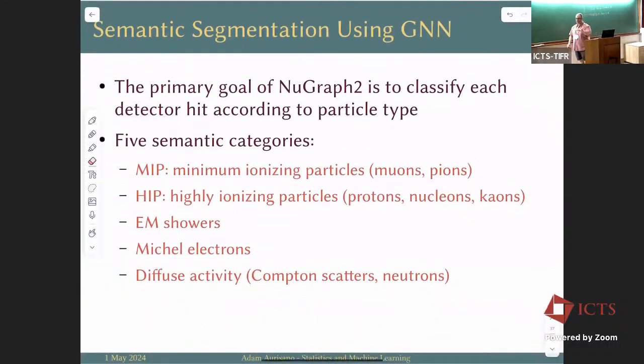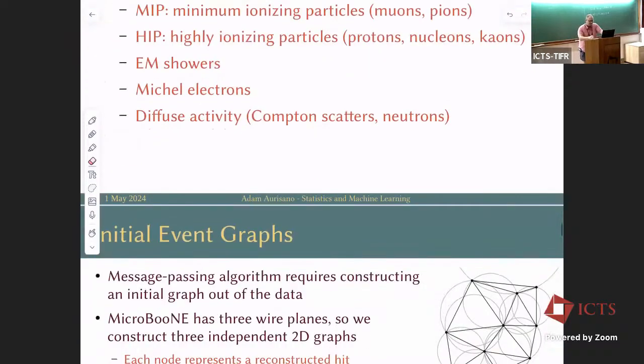You can also use this for semantic segmentation, which is if you have hits in your detector and you want to know what type of particle created each hit, you can do that. So this is something my group was involved in, which is basically a graph in neutrino interactions, which is attempting to classify hits as being from minimum ionizing particles, highly ionizing particles, electromagnetic showers, Michel electrons, or diffuse activity.